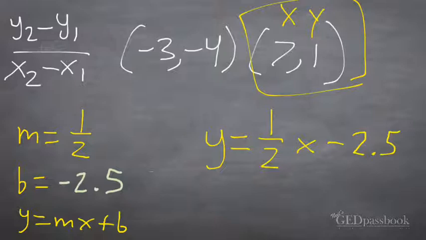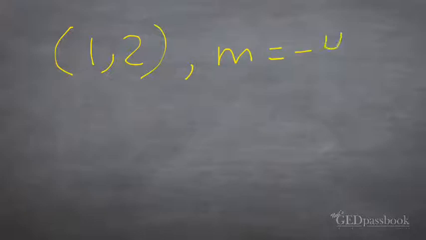Now, with today's practice problems, row A, row B, they give you the points that you are going to use, and guess what? They already give you the slope.